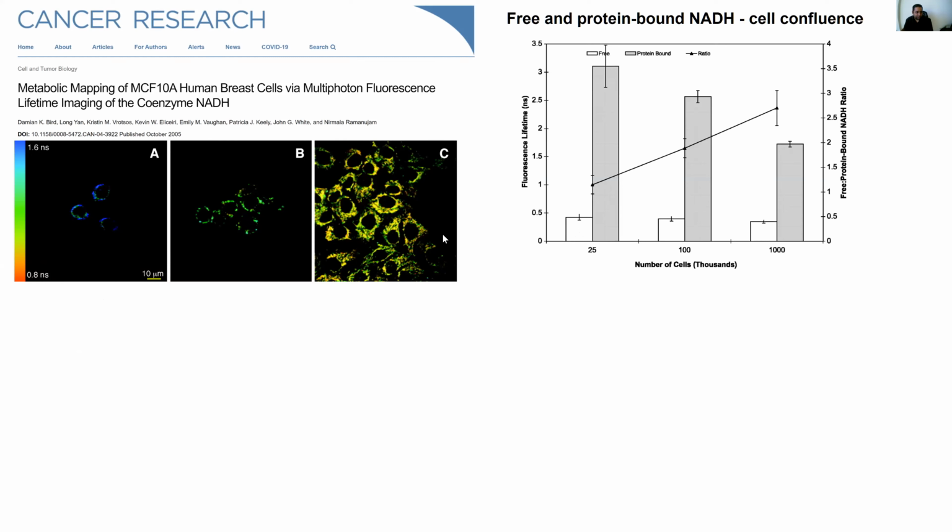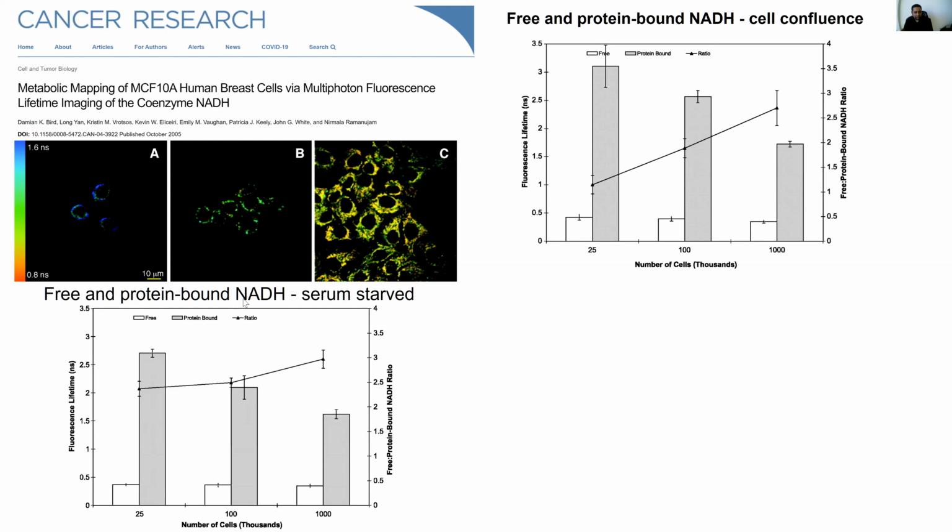What they saw, they fitted these decays with 2 exponentials, and they calculated the free and bound lifetime. But what's more important here is the free to bound protein ratio. So that's the ratio when the number of cells is 25,000, this is 100,000, and this is a million. And you see this really large increase in the free to bound protein ratio over the number of cells.